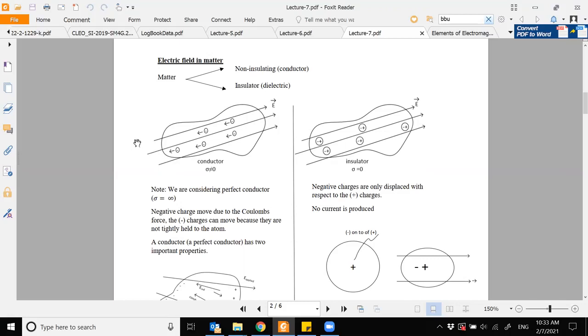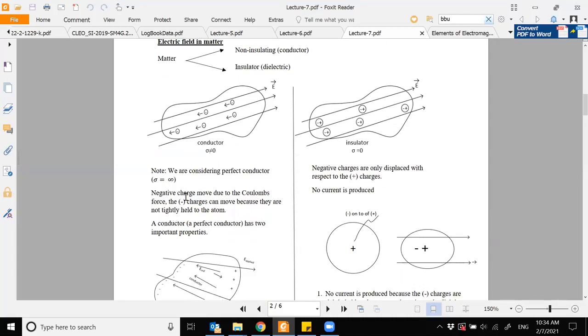Suppose your electric field is going in this direction, then the electrons will try to move in the other direction. So the free electrons, or the conducting electrons, will try to move in the other direction.